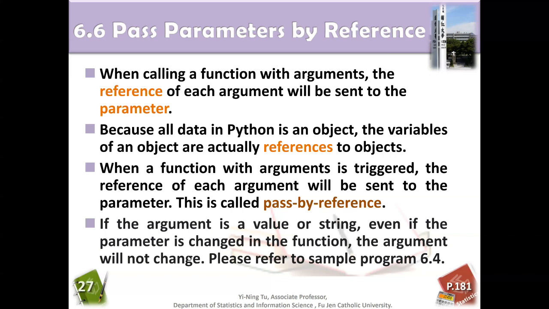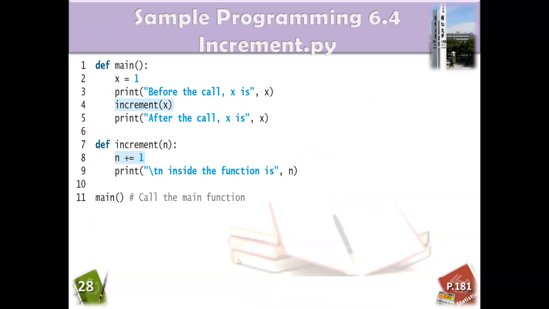Please refer to our example program 6.4. This is an example here. At first, the first line is the main function. In main we define x equals 1. We print "before the call x is". Before that, we call another function, increment x.